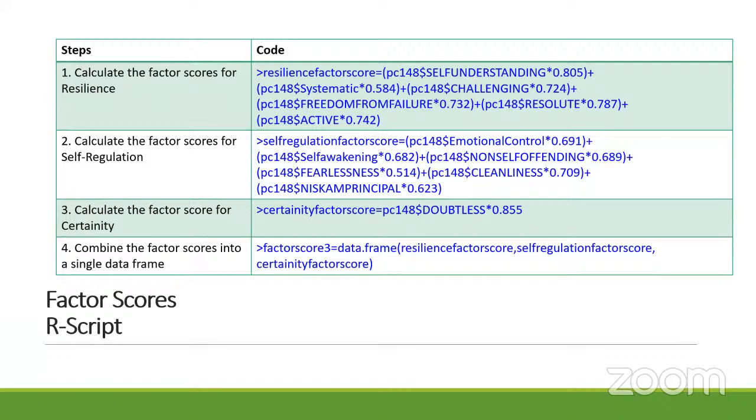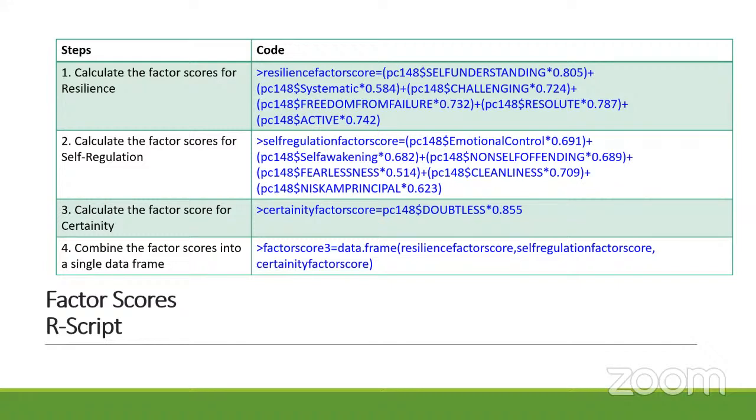So after we get the principal components, we develop the factor score. How do we calculate the factor score? Factor score indicates the weightage multiplied by the original score.